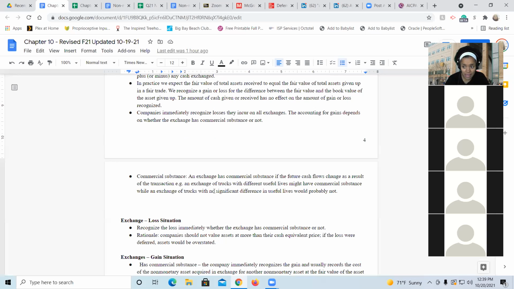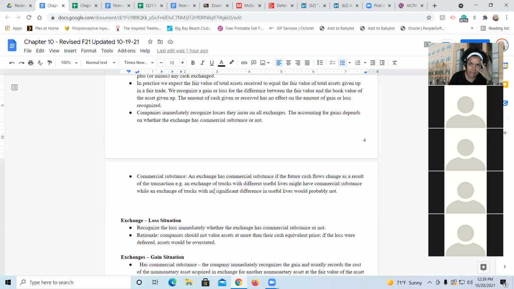Not much, right? So if that transaction ends up in a gain situation, I'm not allowed to record the gain, because what the FASB is trying to avoid is people doing exchanges amongst each other and generating gains that don't really exist, and then recording those gains and pushing up their profits on their financial statements.